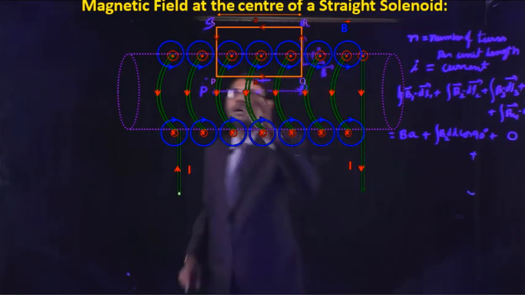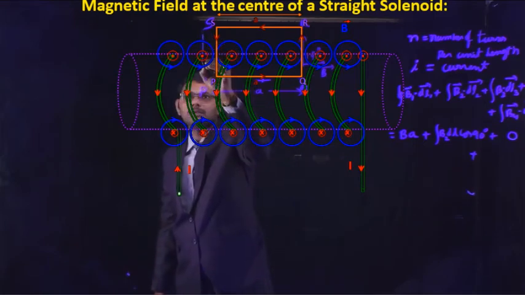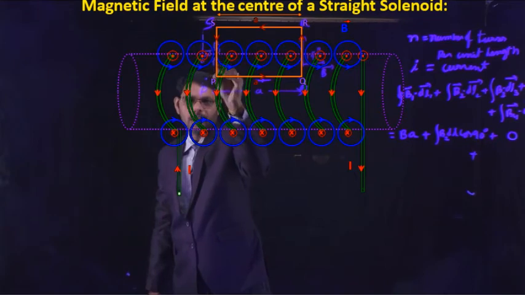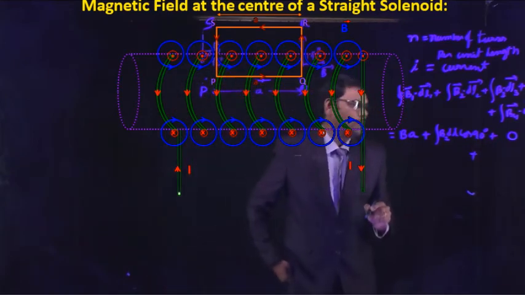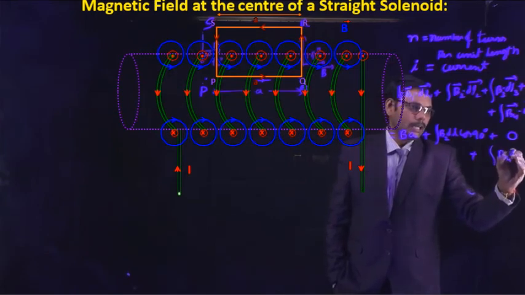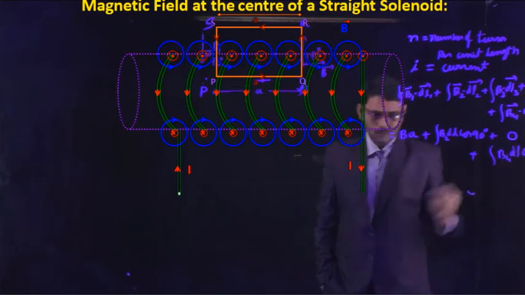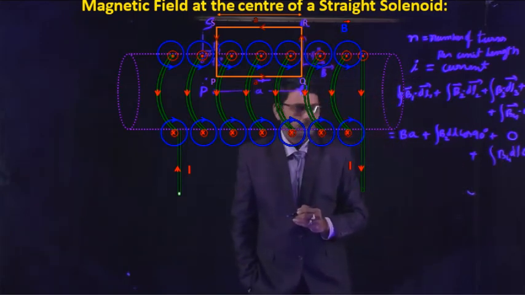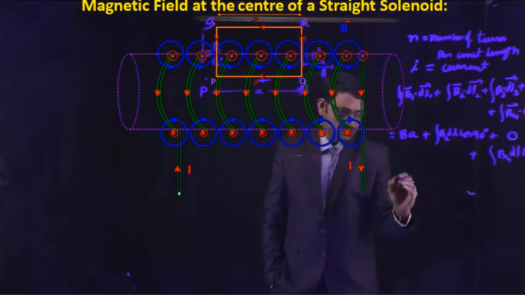Along SP also, the length is in this direction and the magnetic field is along this direction, making an angle of 90 degrees. So theta is 90. Here also the integral of B4 dl cos 90.